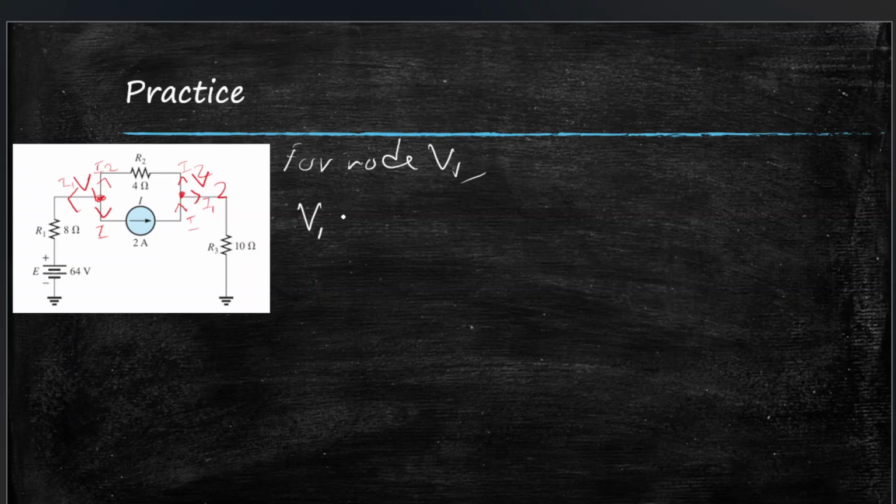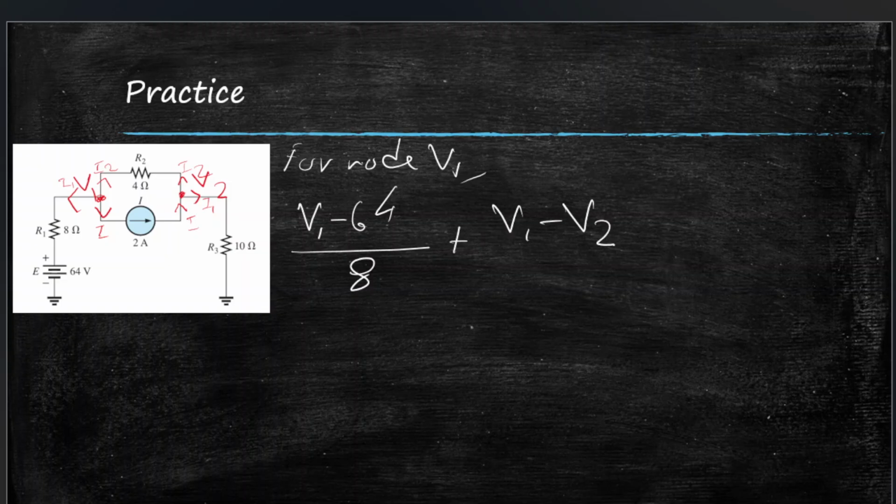This is basically for I1, so v1 minus E. I'll just directly plug in the values. v1 minus 64, minus because I'm assuming that entering through plus means it will be minus. So v1 minus 64 over 8, and that is exiting. We have another exiting, which is I2. So I2 is v1 minus v2.